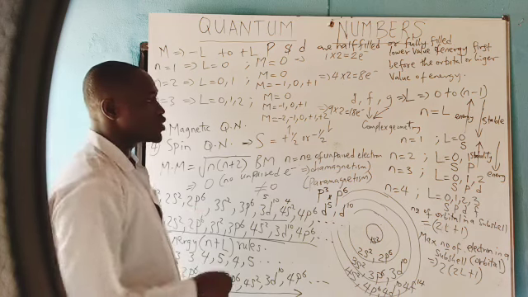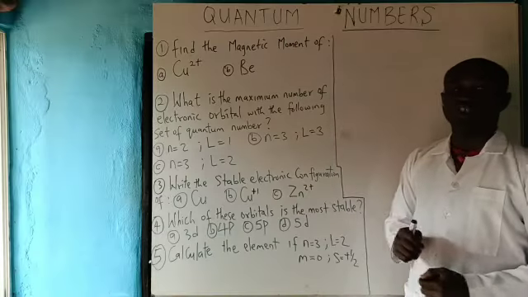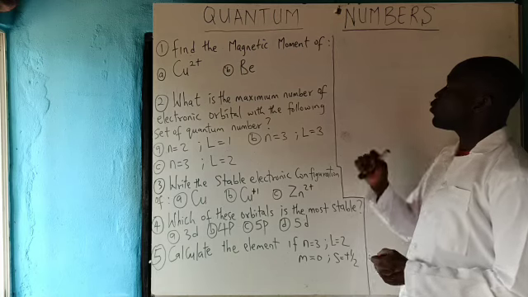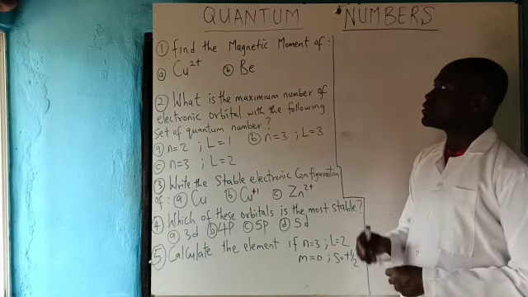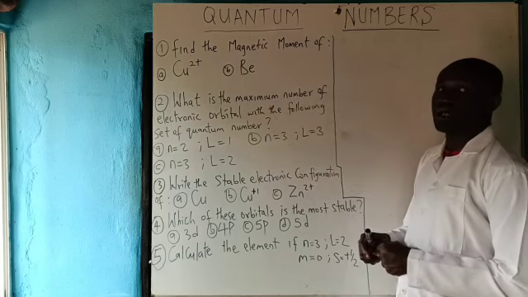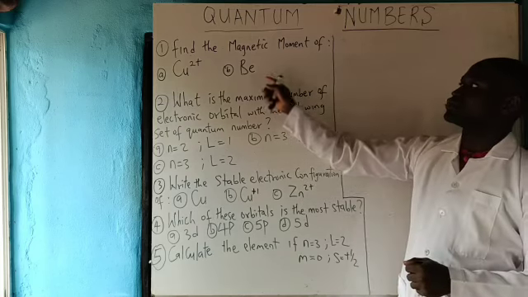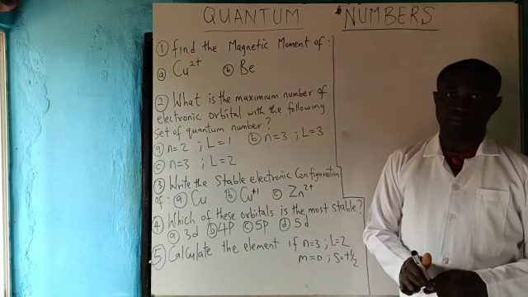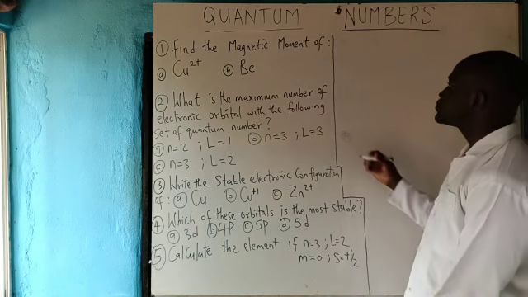So we will go into question solving. Here are some of the questions we want to look into in quantum numbers. Number 1, find the magnetic moment of A, copper 2 ion, and B, beryllium. Okay, let's see.